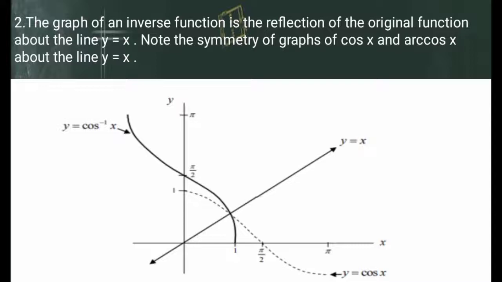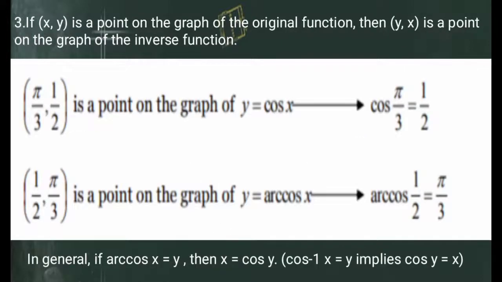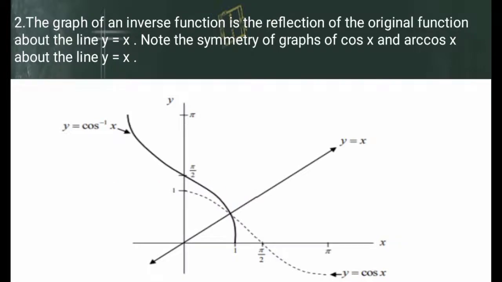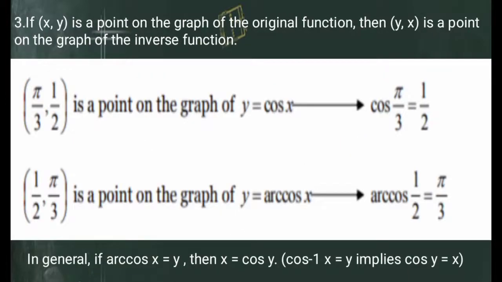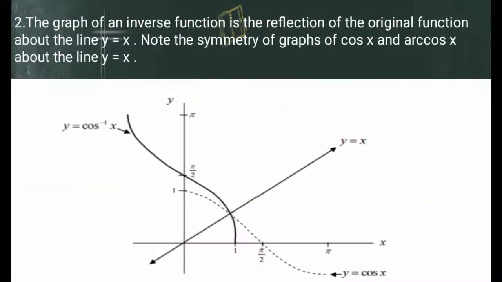As you can see in the graph, at the center of the graph is pi over 2. Then the point (1/2, pi over 3) is a point on the graph of y equals arccos x, since arccos of 1/2 is pi over 3.